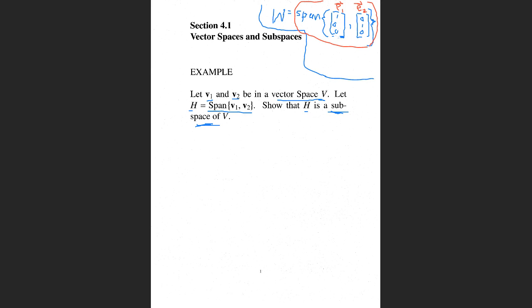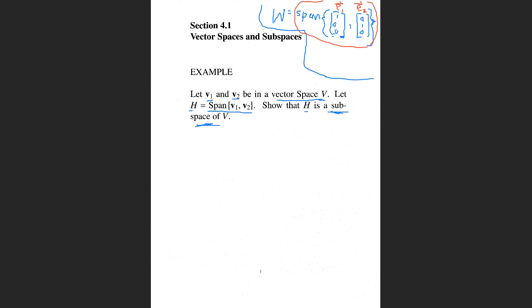We would need 0, 0, 1 added to our span, so that the span of E1, E2, and E3 would equal R3, because the span of E1, E2, and E3 is all linear combinations of i, j, k, or E1, E2, E3. Any vector in R3 can be written as a combination of the vectors 1, 0, 0, 0, 1, 0, and 0, 0, 1.